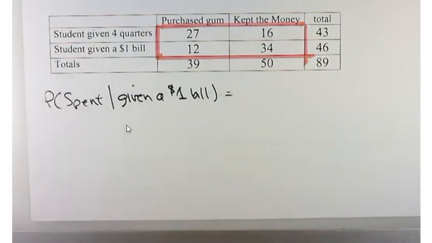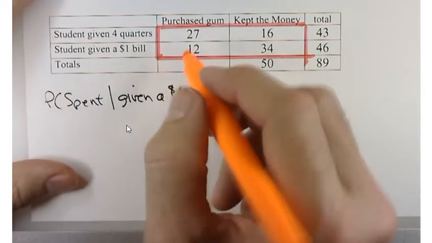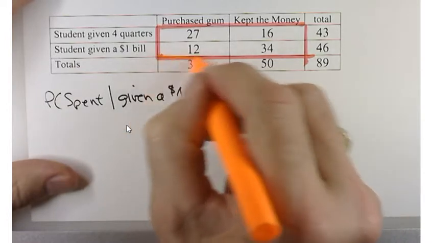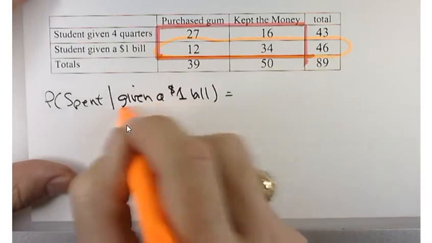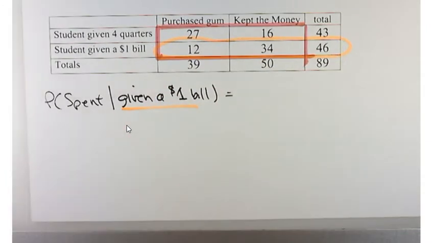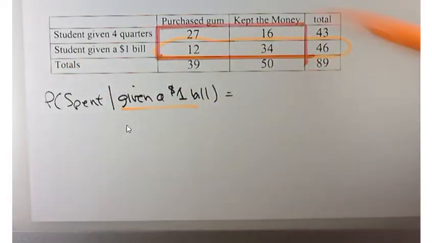Let's see here. Amongst the people who were given the dollar bill, how many spent it? This part right here says, okay, we're just going to focus a little bit on this part of the table. We're not looking at the whole thing anymore.